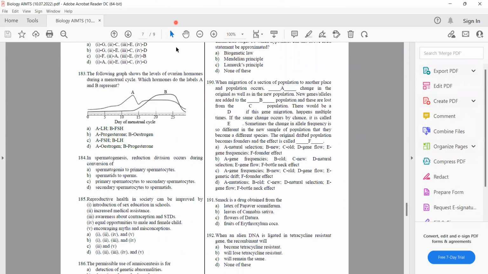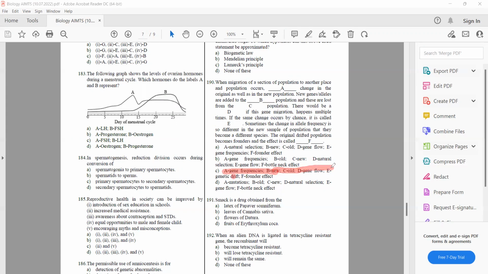So when migration of a section of population to another place occurs, dash change in the original as well as in the new population. When an individual organism migrates from one population to the other, the gene frequency gets changed there. So new alleles will be added to the new population, and from the old population they will be lost.